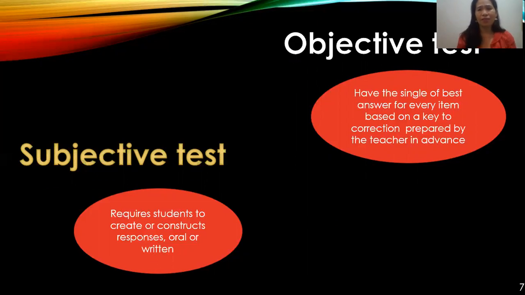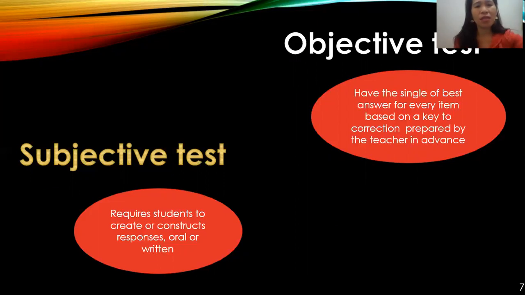Objective tests have a single best answer for every item based on the answer key prepared by the teacher in advance. So, in objective tests, learners are required to either supply a missing fact or select the correct response from a set of options.